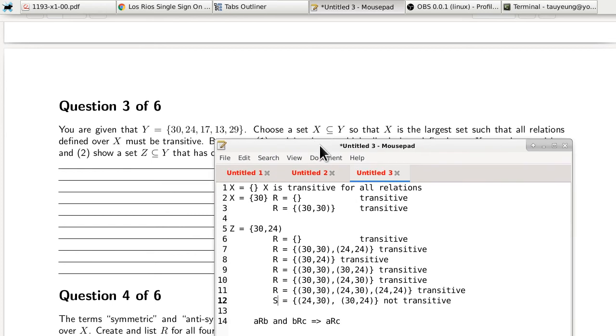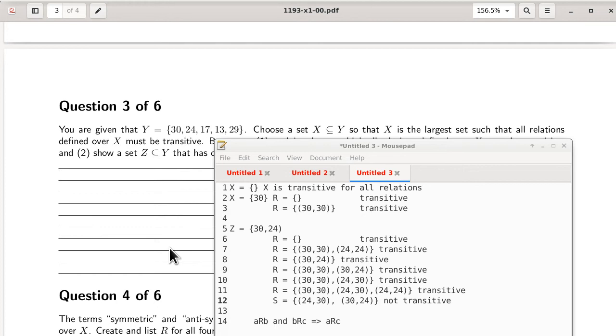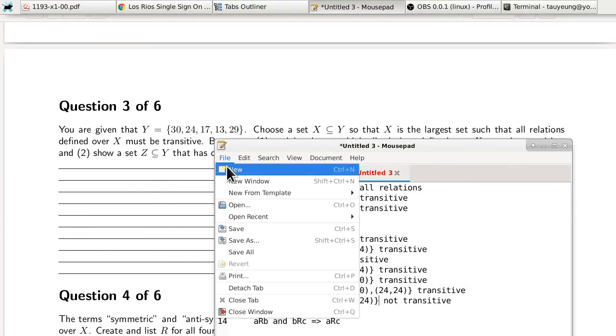Oh, you cannot see the last one, sorry about that. This is the requirement of being transitive, and as I said, if a is 24, b is 30, and c is 24 again, then (24, 24) is not in the set, and therefore this particular relation defined over Z is not transitive. All right, moving on to question number 4.